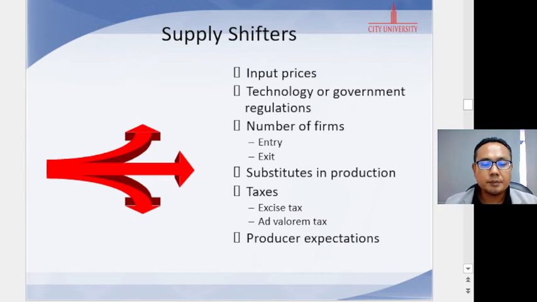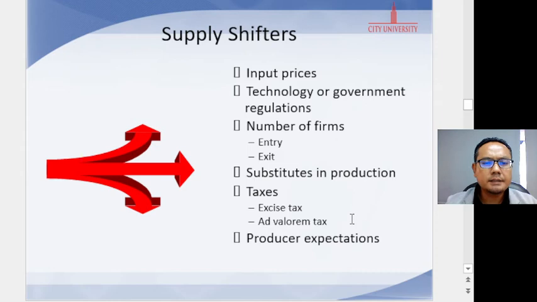As production costs change, the willingness of producers to produce also changes. In particular, if the price of an input rises, producers are willing to produce less output. This decrease in supply is depicted as a leftward shift in the supply curve, as we saw on the previous slide.